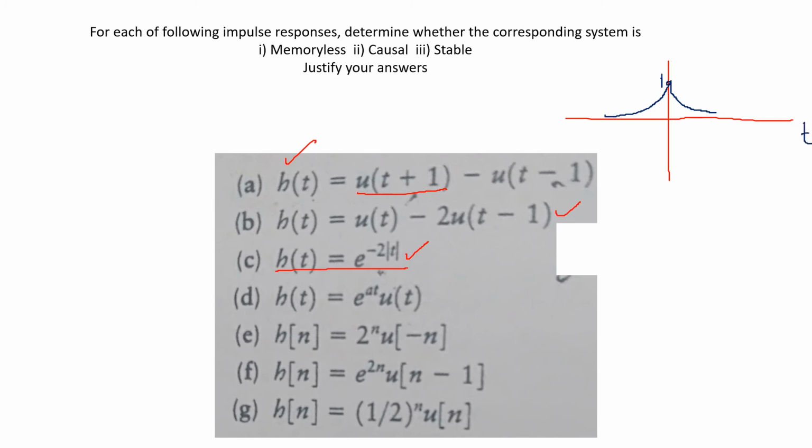So at 0 it has maximum value, and when you move away from 0, either in the positive direction or in the negative direction, it will start decreasing. You understand? You can also say from minus infinity up to 0 it is an exponentially growing signal, right?